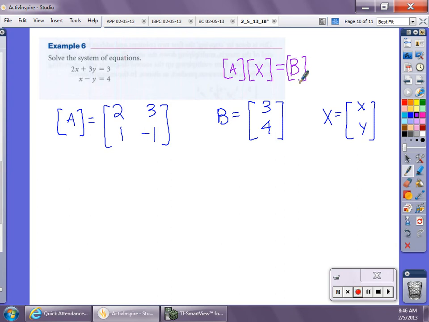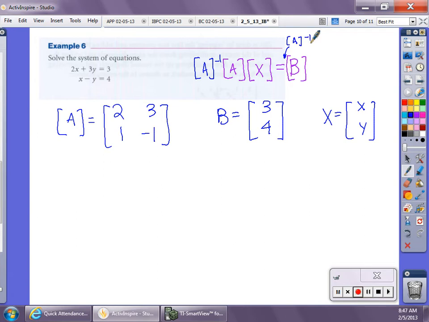So how does that work? How do you get your matrix X? You multiply on the left. One thing that you might not remember from learning matrices is that they have an order, and you have to follow that specific order. So what I mean by that is, on this side of the equation, if I multiply by A inverse on the left side, then I have to multiply B by A inverse on the left side too.